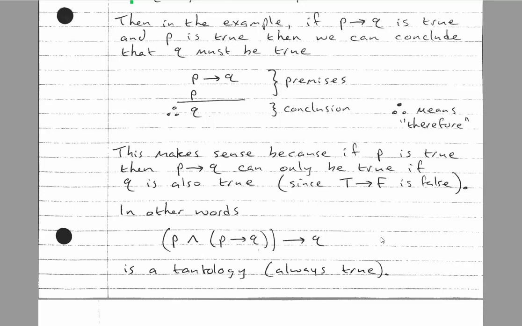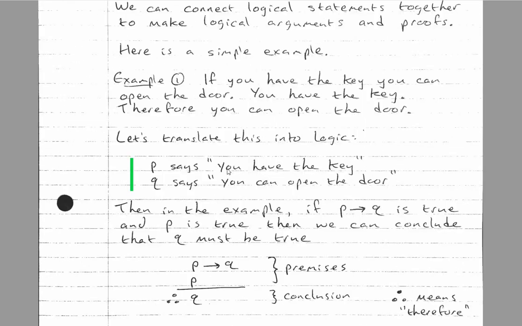We can make it confusing, but the basic example was very simple. The first sentence says, if you have the key, you can open the door. We're saying that that's a true statement. We're also saying you have the key, so that's true.